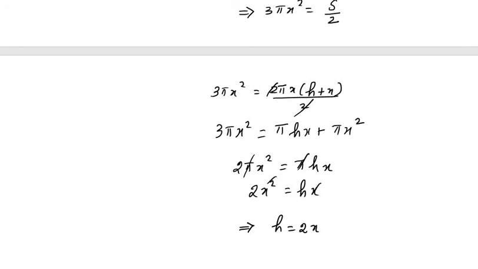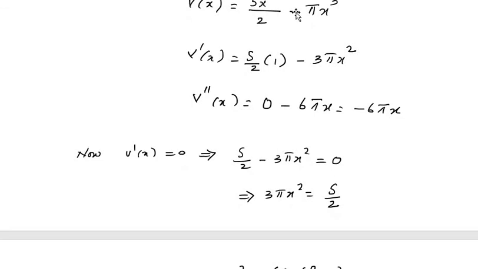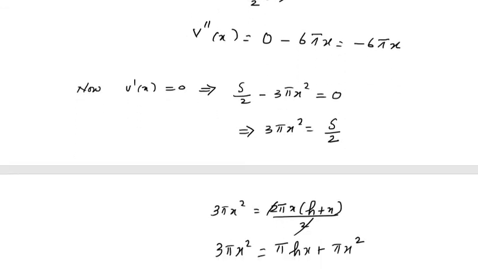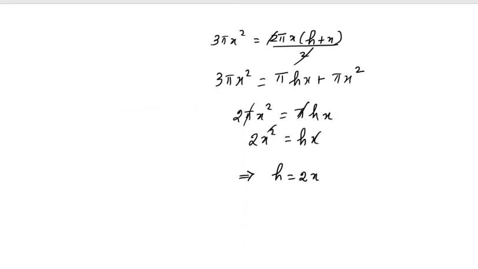This is to be proved as what? The point of what? Maximum, this one. Therefore, where we have to substitute here, already we got what? V double dash of x we got, there you substitute. Now, you substitute that is V double dash of x. The sign of the second order derivative we have to find.